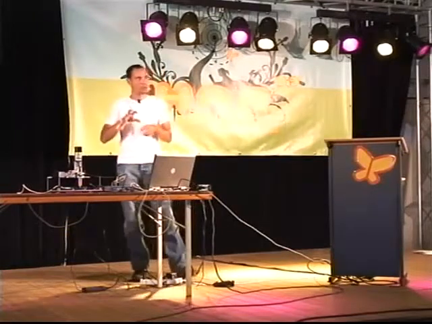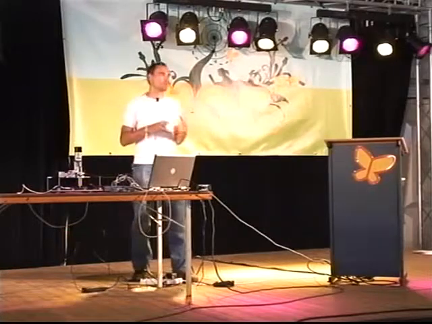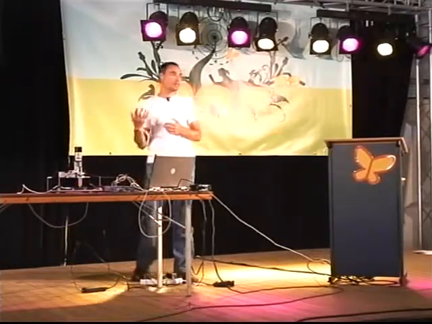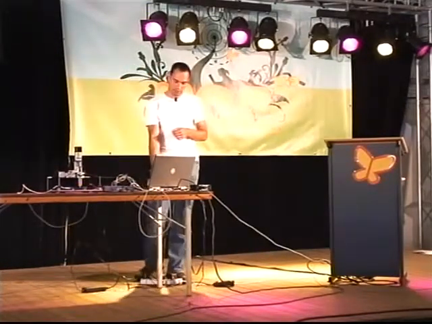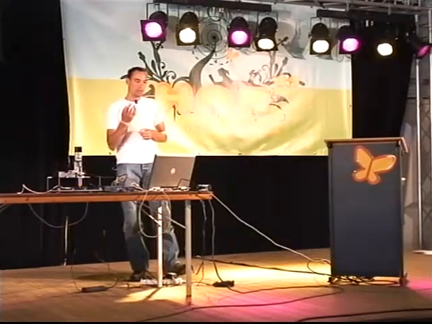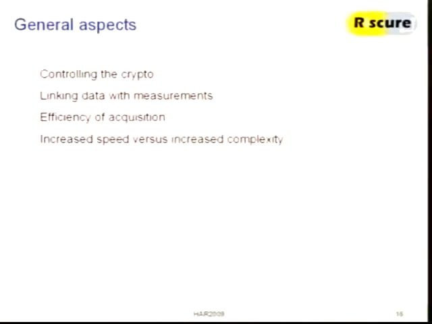Most of our work is focused on creating the optimal testing environment as opposed to having the most realistic attack. But still, that means we have to understand and overcome a lot of the aspects that everyone has to overcome. What do you need to do? First of all, you need to control the crypto. Like I said, you need access to the data.